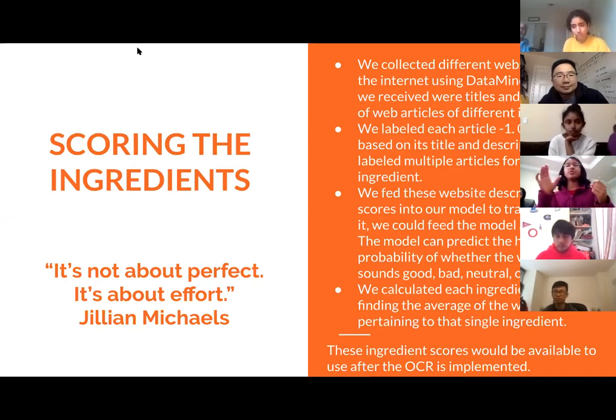And these ingredient scores basically would be available to use after the OCR, the optical character recognition, is implemented. We used Google's OCR to detect text inside the images. But I'll leave that to Sriram.